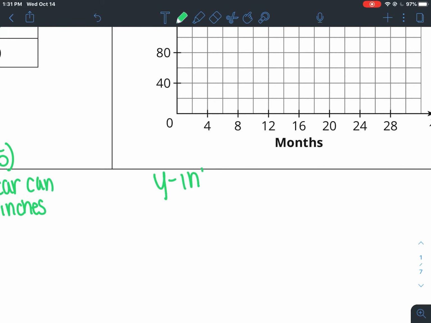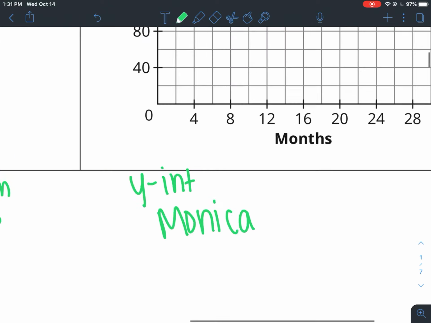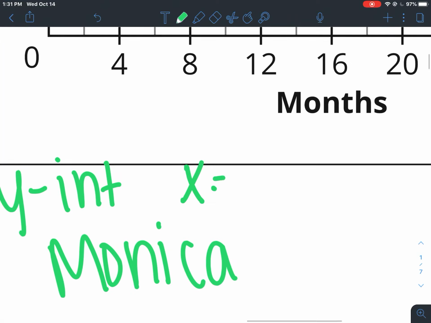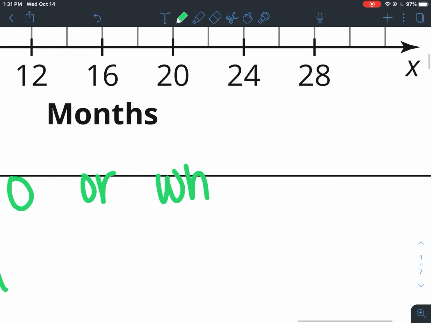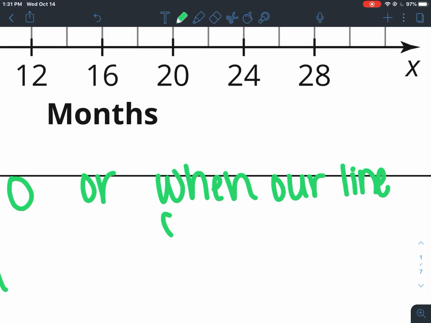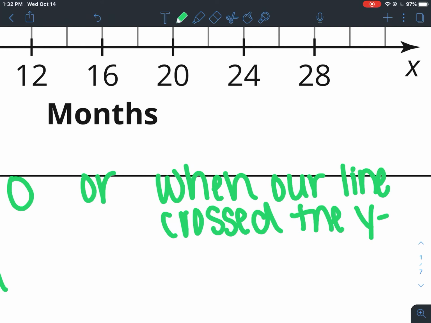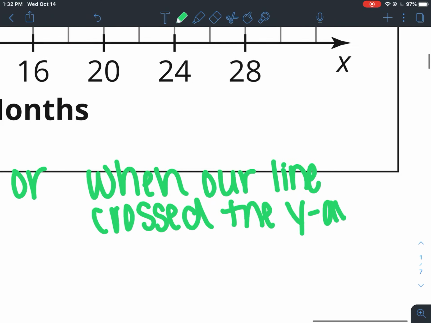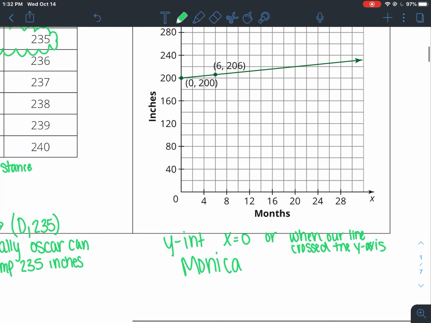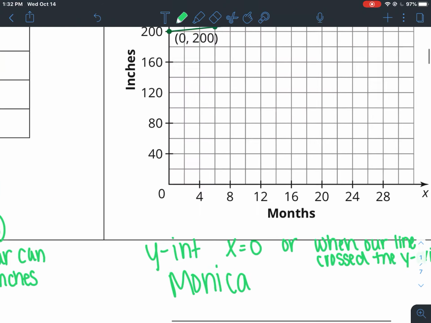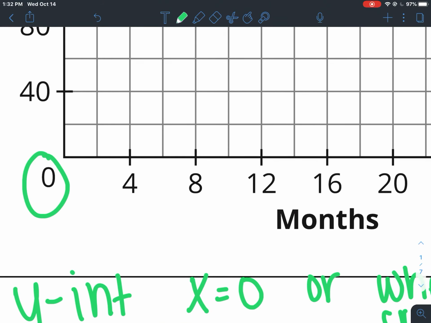And then let's do the same thing for Monica. So y-intercept for Monica, it's when x equals 0 or when our line crosses the y-axis. Okay, so when x equals 0 right here.